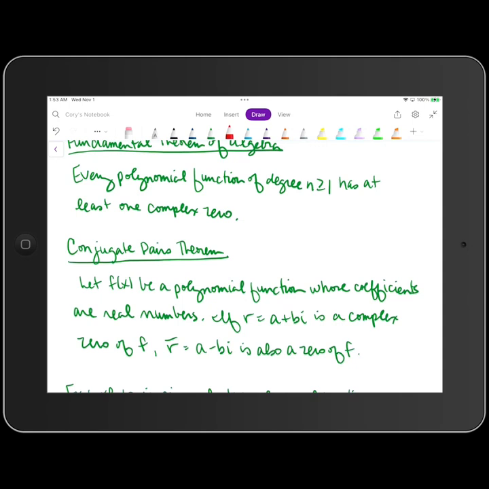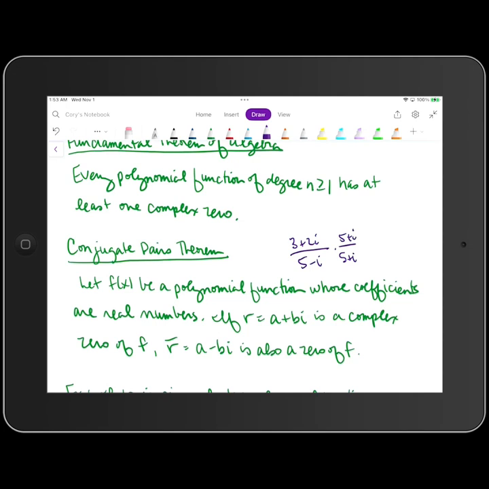Okay, and again, like we've worked with conjugates of complex numbers. Remember when we had a complex number that looked like this, 3 plus 2i over 5 minus i? We had to multiply the numerator and denominator by the conjugate of the denominator in order to rationalize the denominator.